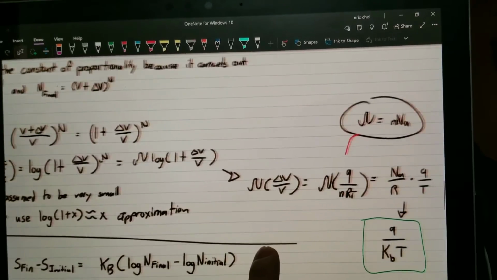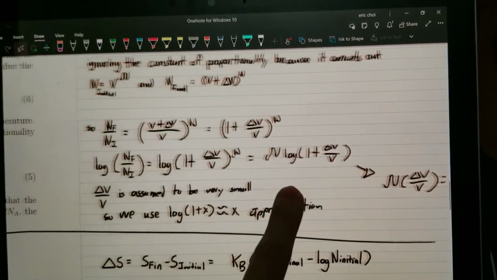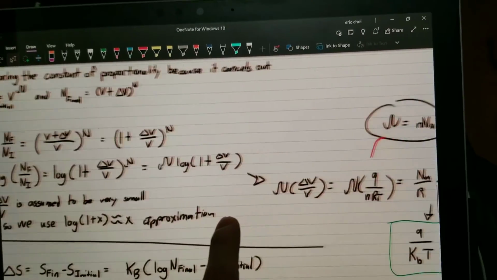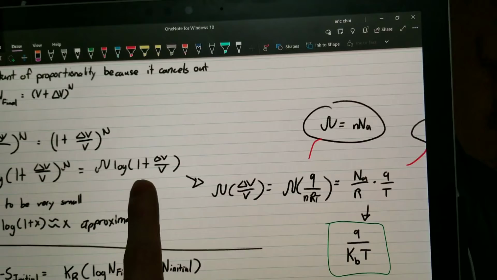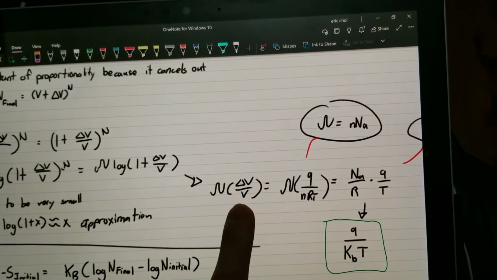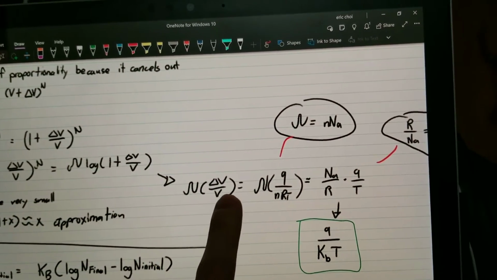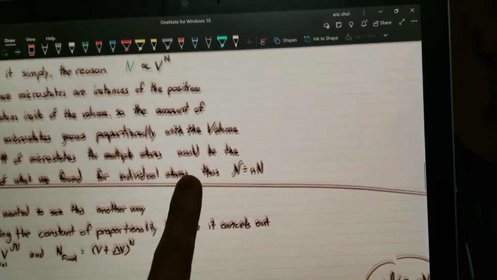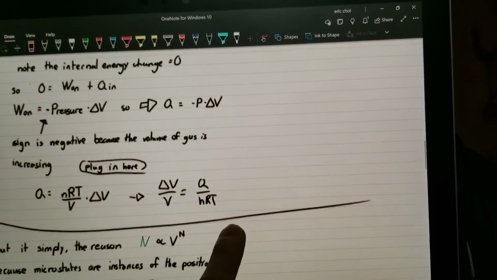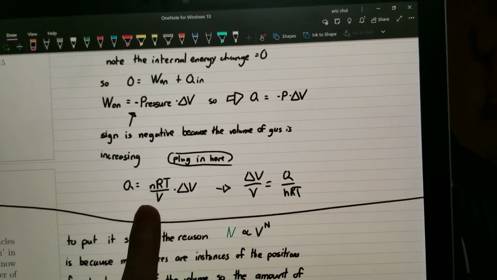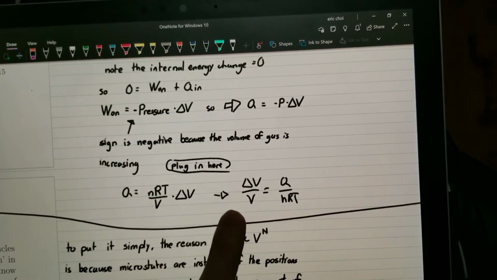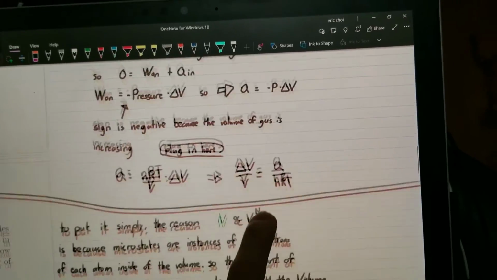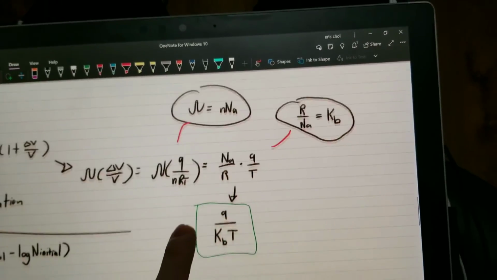And so we can say that, well, before that, the curly n at the very top moves to the front using log operations. And then we use the approximation to convert log(1 plus delta V over V) to n times delta V over V, which is the x. And just like how we found earlier in this part of the problem, we can actually convert this part so it becomes delta V over V is equal to Q over nRT, and plug that in right here.